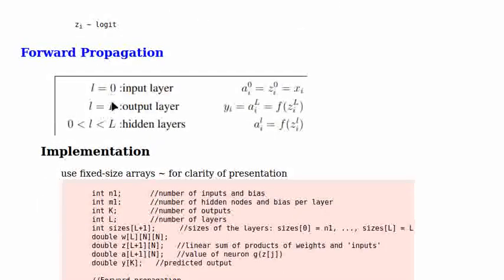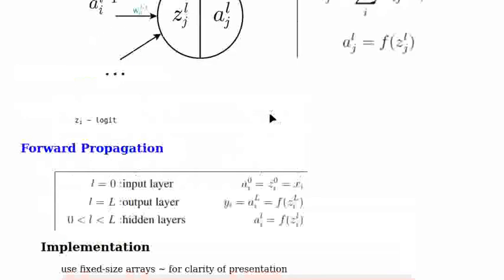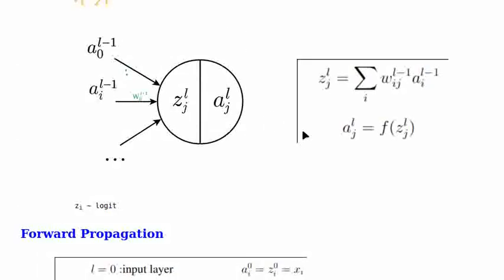L equals capital L is the output layer, and the neuron output YI is equal to AI L, capital L, which is equal to F of CIL. For other hidden layers, where L is larger than 0 and smaller than capital L, AIL is equal to F of CIL, and CIL is given by this formula.